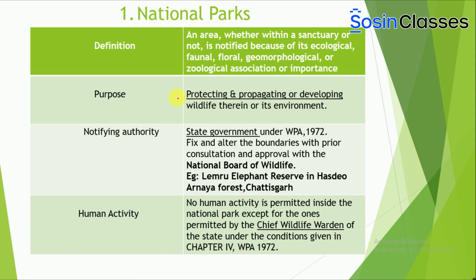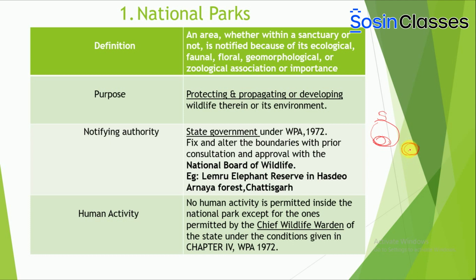National parks. What are national parks? These are an exclusive area which can either be part of a sanctuary or outside a sanctuary. So a national park is an area within or outside a sanctuary which has certain significance. What is that significance? It should be of ecological, faunal, floral, geomorphological or zoological importance associated with this particular area.